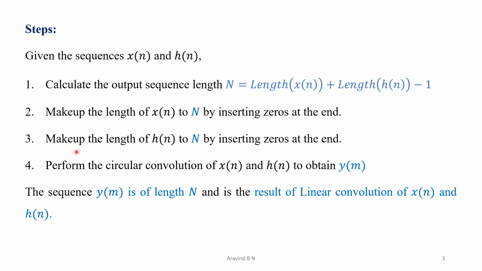Step 3, make up the length of h of n to N by inserting zeros at the end. Step 4, perform the circular convolution of x of n and h of n to obtain the output sequence y of m. Now, the sequence y of m is of length capital letter N and is the result of linear convolution of x of n and h of n.